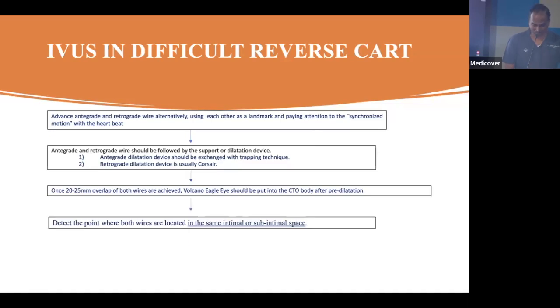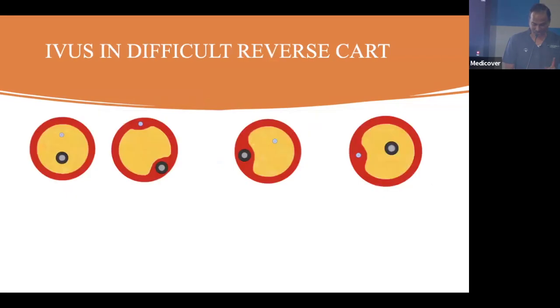And the most difficult thing is when antegrade is subintimal and retrograde is intimal. That's the most difficult to connect. So you can see these are the various wire positions. Both intimal, both subintimal, right? And this is what you can do. You can just do a conventional reverse CART with the biggest balloon possible and take a retrograde wire.